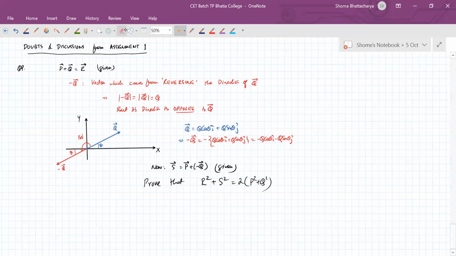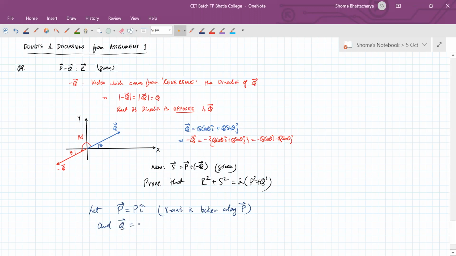So I'll tell you one simple way of doing this question, okay. The simple way is that suppose the vector p is taken to be along the x-axis, that is, the x-axis is taken along the vector p, okay, and q is just like we've assumed in the above diagram, okay.